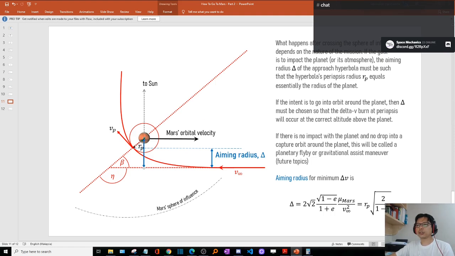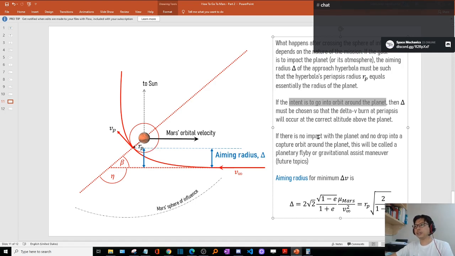Usually you don't want to do that because there's no point. We are not at war with the Ravagers or anything. You still remember your EDF, Earth Defense. We're not doing that, so usually we're going to have some kind of aiming radius, which is quite small, for 2 purposes. One is to go to an orbit around the planet, like what we're doing here.